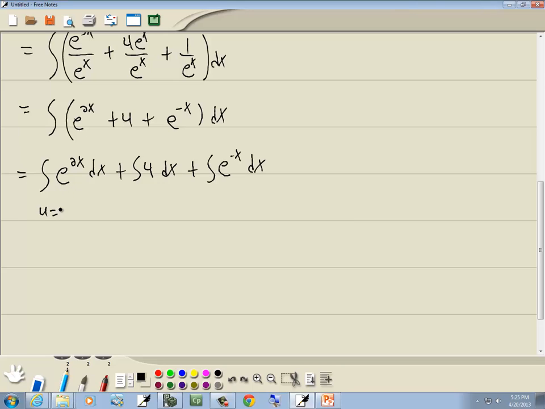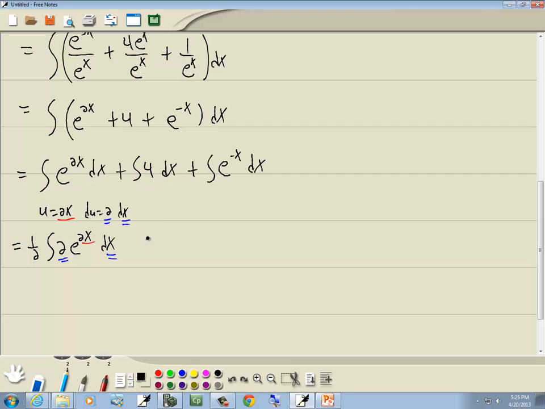We'll let u equal 2x. du will be 2 dx. So we need a 2 inside. We'll offset with the 1/2 out in front. So we've got 2e to the 2x dx. Here's 2x, here's 2x, 2 dx, dx.